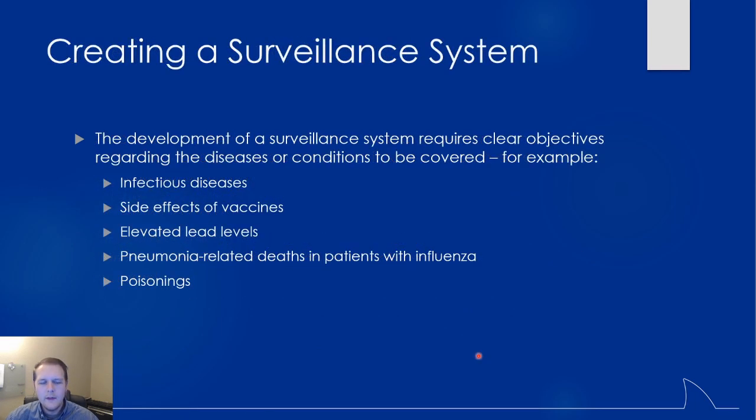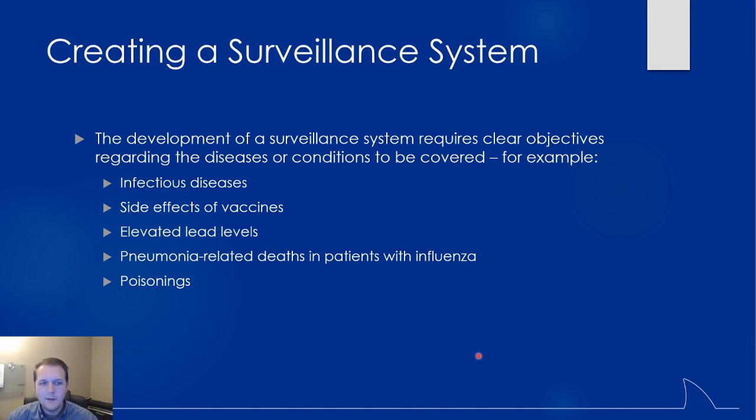How they develop the systems of surveillance will be defined by several different things, and it depends on the type of disease or condition. For example, you could be looking at specific types of infectious disease. If you're worried about Ebola spreading in the U.S., that could be something you're looking at. It could be incidents of Guillain-Barré secondary to a vaccine.